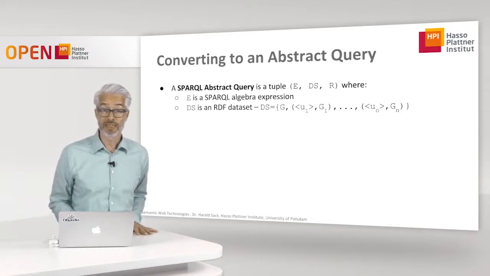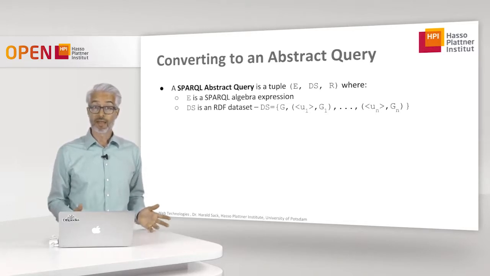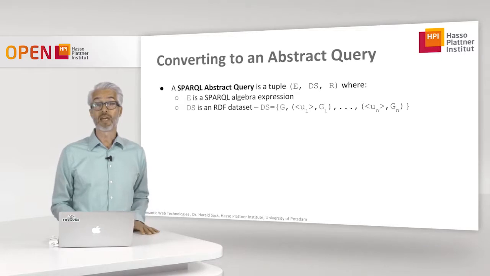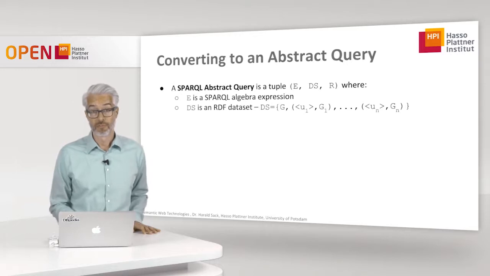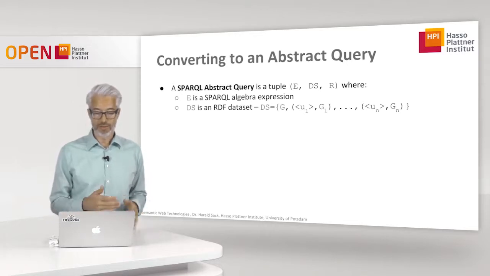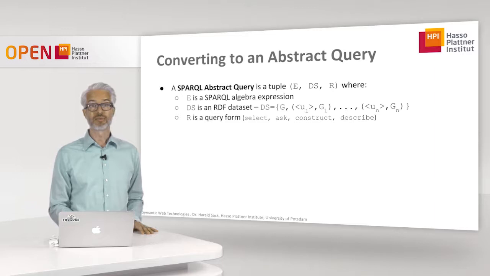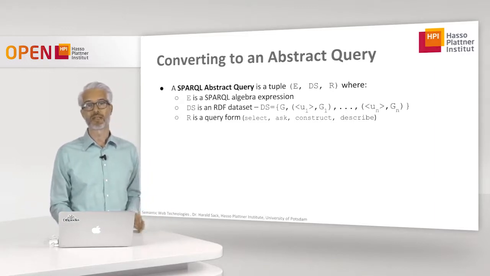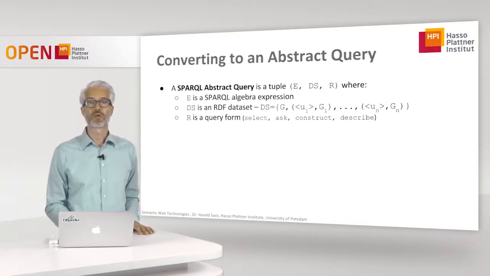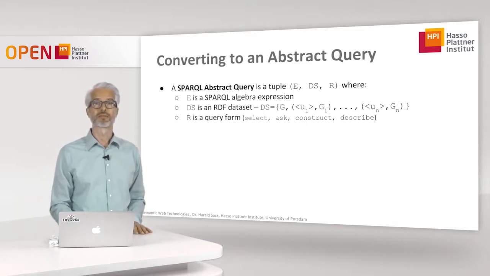The RDF dataset usually consists of a default graph and then a specific number of named graphs, which are given as the named graph and of course a URI of that graph. So this is the set that represents the RDF dataset on which the SPARQL query is executed. And then, of course, the query has a specific form, which is given here in R, which could be a select query, an ask query, a construct query, or a describe query, for a SPARQL select syntax.